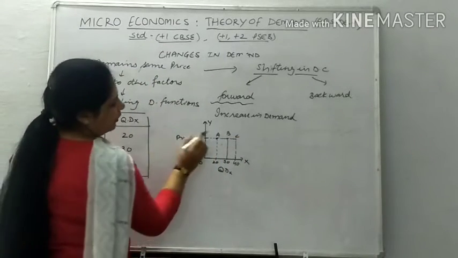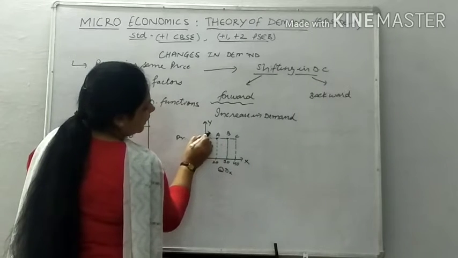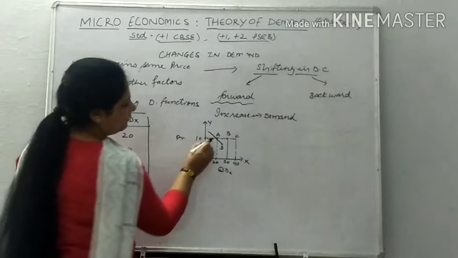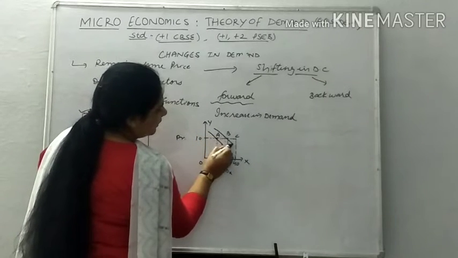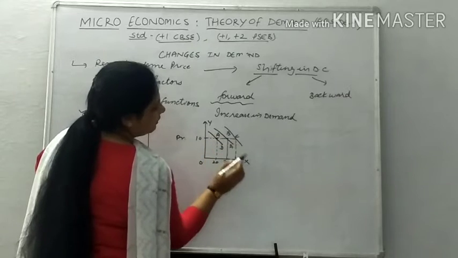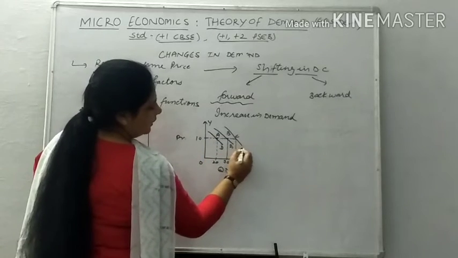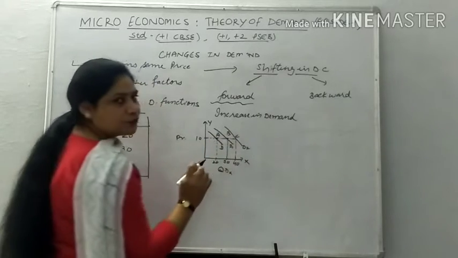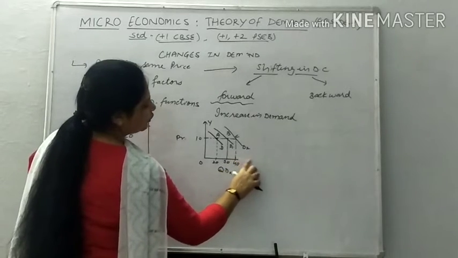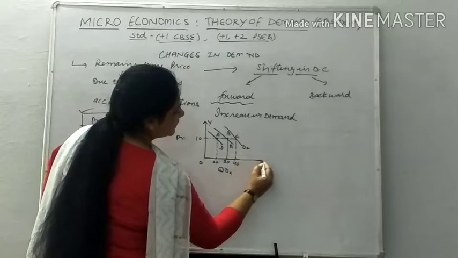Now through these points I will make a demand curve. Demand curve D, here another demand curve D1, and here another demand curve that is D2. Students, always keep it in mind, your curves should not exceed this axis.